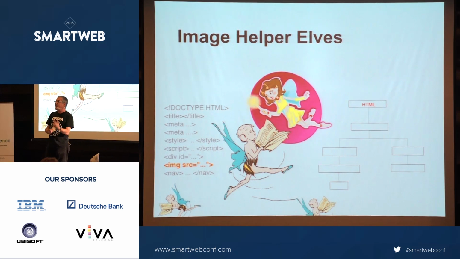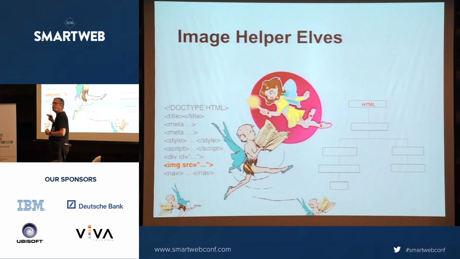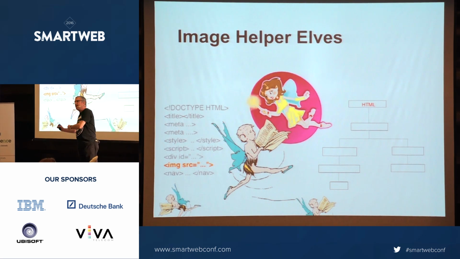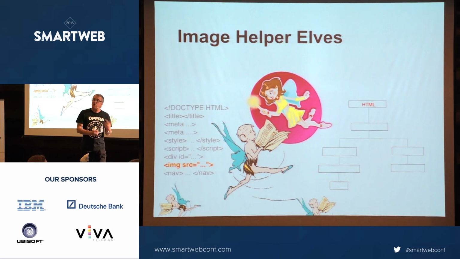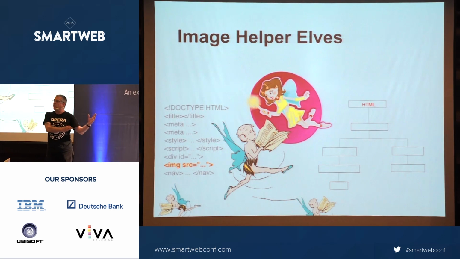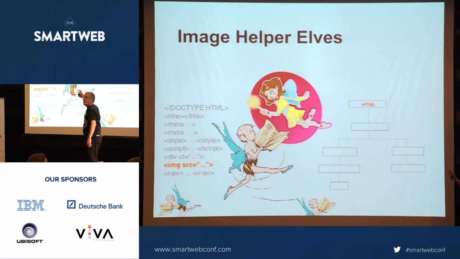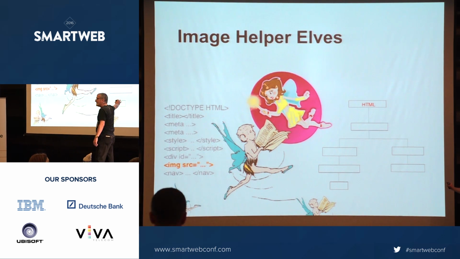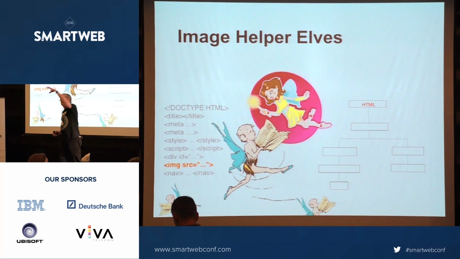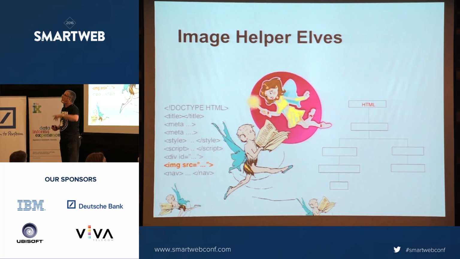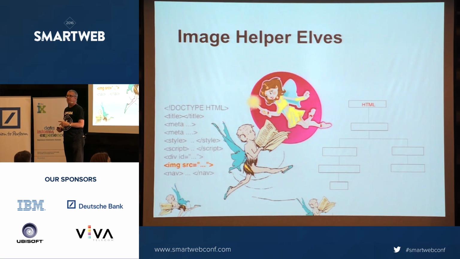And over a fast network, those images might have already been pulled in from the server before the DOM tree is even finished. And that's why, with my example, the pre-scanner, the helper elves, have grabbed the original image, the DOM tree is made later, the CSS is applied to the DOM tree, and then it says, oh, this media query is true, go and grab that replacement image.